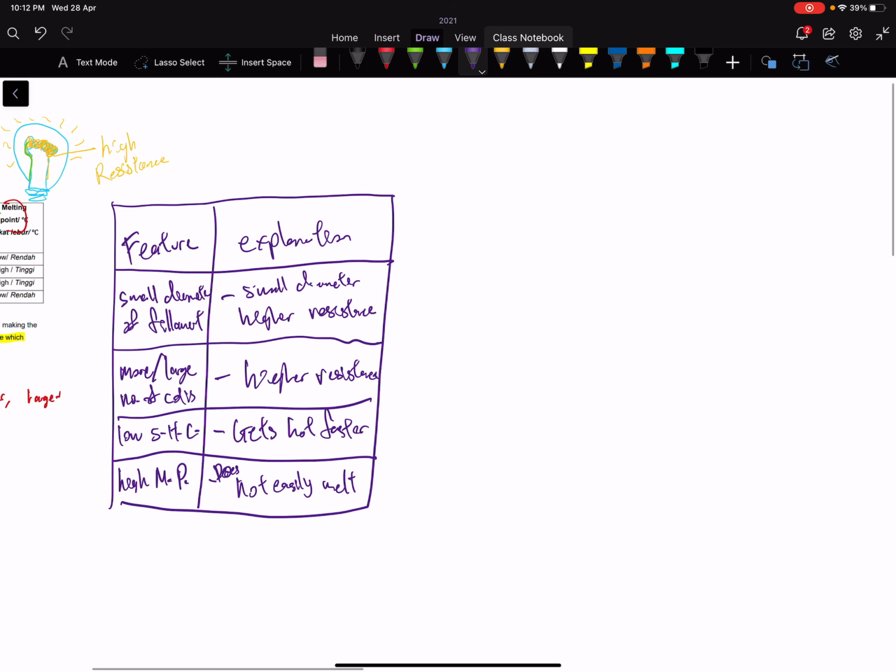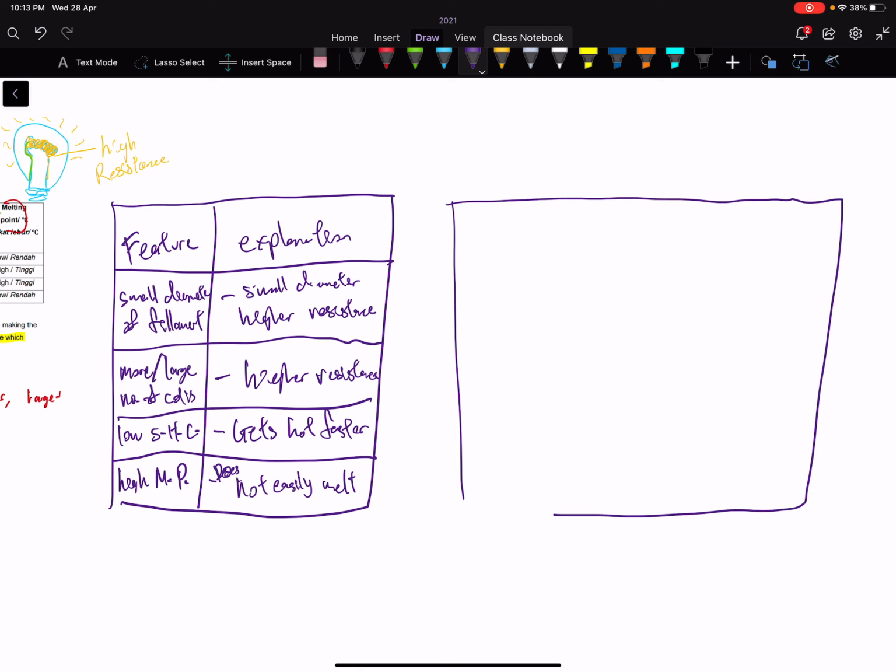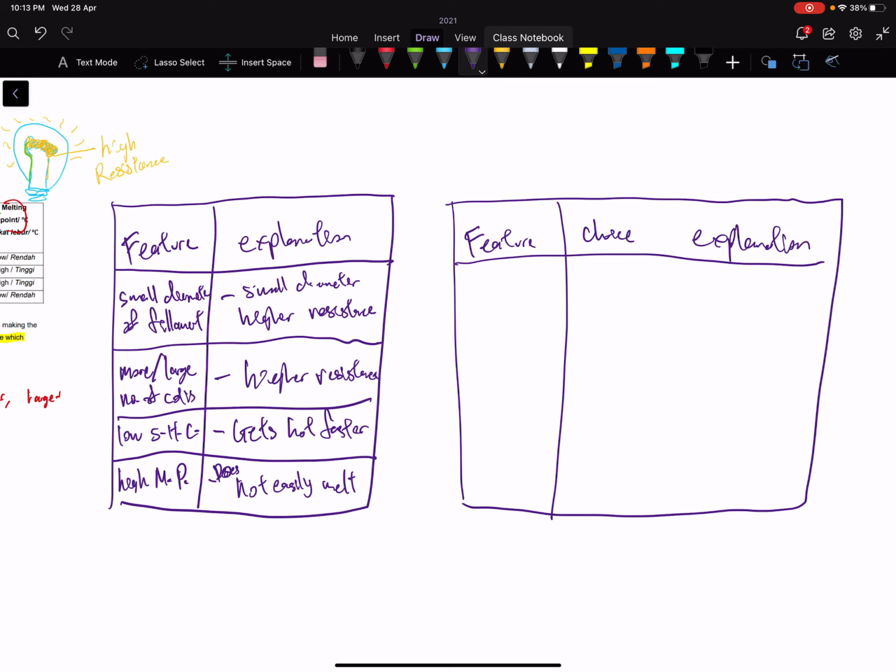Another table. Remember, the easier you make it for the marker to mark your paper, the more likely they'll see where you're correct. You need to answer correctly regardless, but make it easier for them. Another way you can do it is to put a pretty similar choice and explanation.